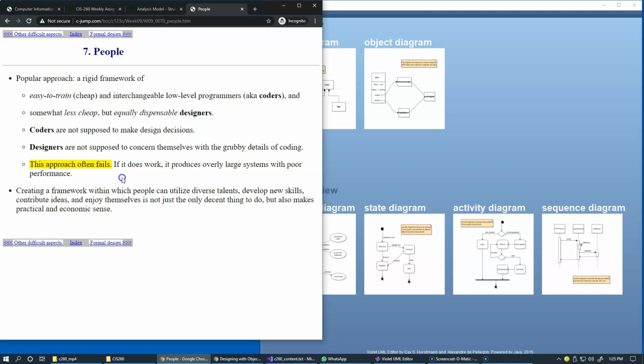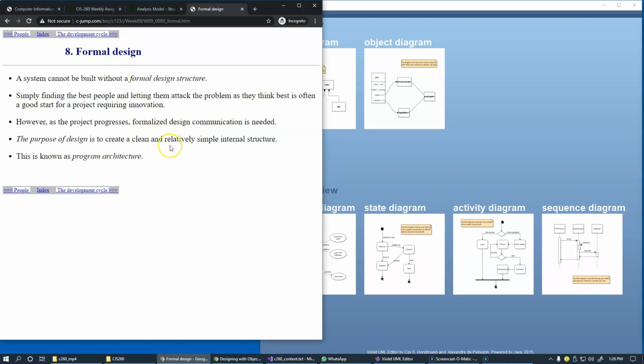So creating a framework within which people can utilize their talents and skills, contribute ideas and generally enjoy what they're doing is not just the decent thing to have, it also makes practical and economic sense. So hopefully that's a good set of thinking towards building productive teams and having people enjoy what they do.